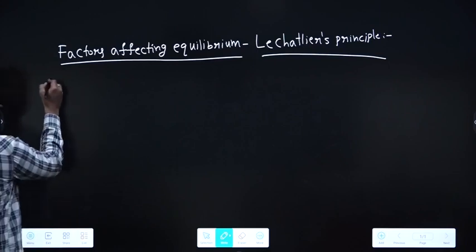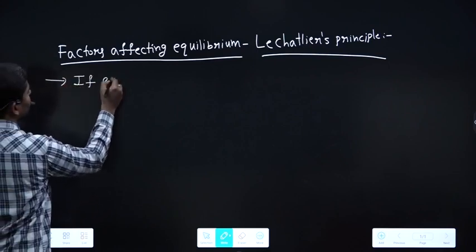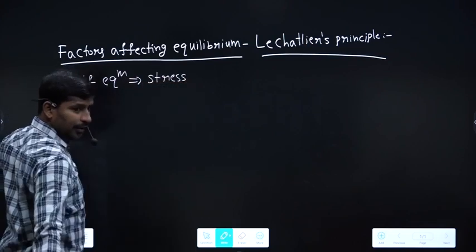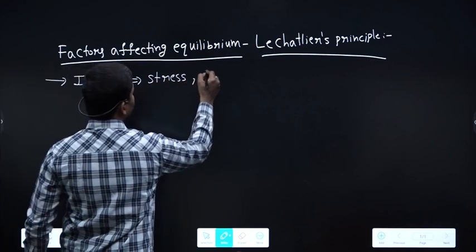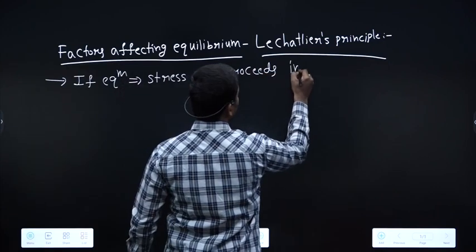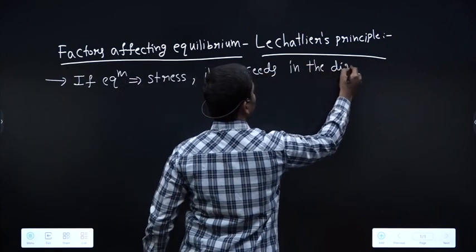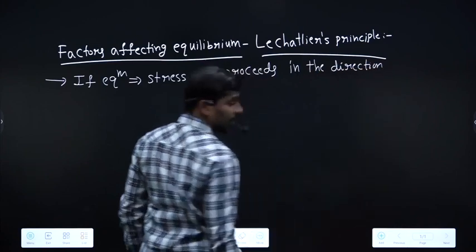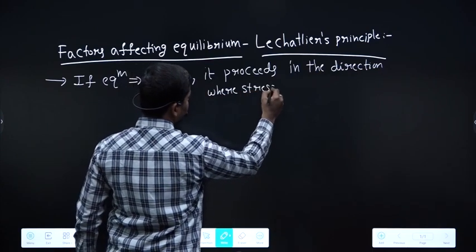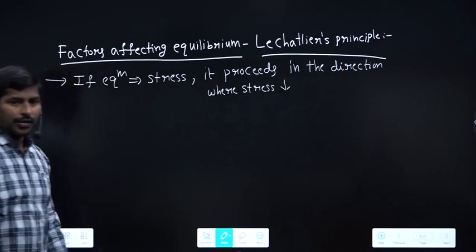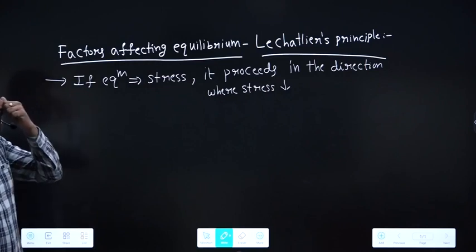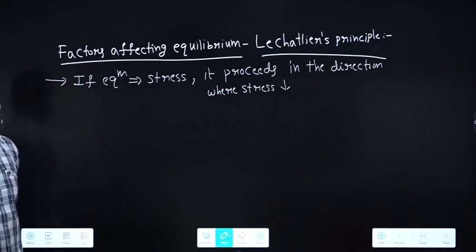According to Le Chatelier's principle, if equilibrium is subjected to stress, it proceeds in the direction where stress decreases.